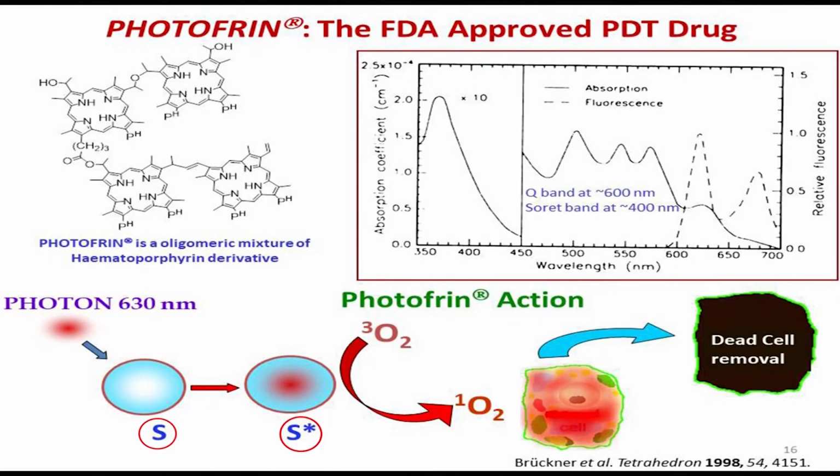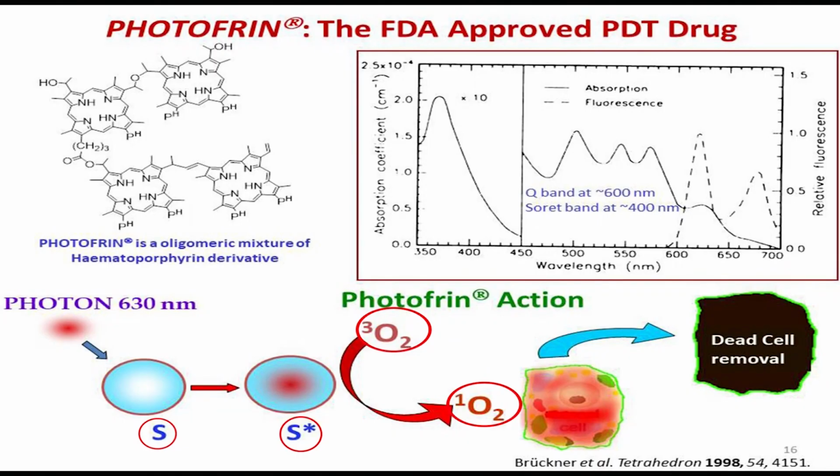This state can transfer the energy to convert triplet dioxygen to singlet dioxygen. It is a coupled process. And once you form singlet oxygen, it is highly reactive, as I have said.